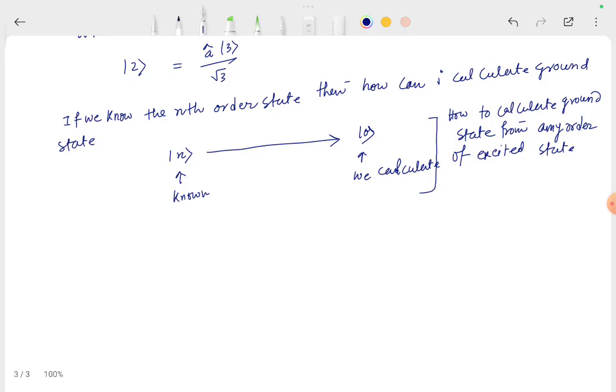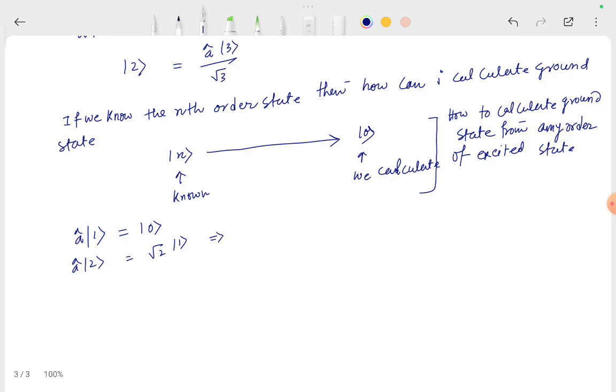So we apply a step-by-step process here. The lowering operator a acting on state 1 gives ket 0. Next, a acting on 2 gives root 2 ket 1.